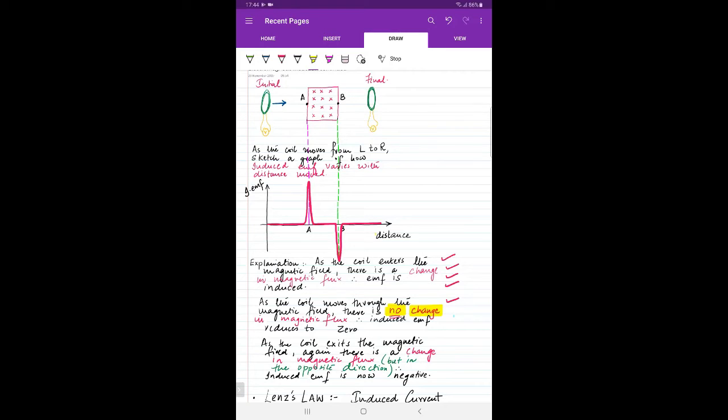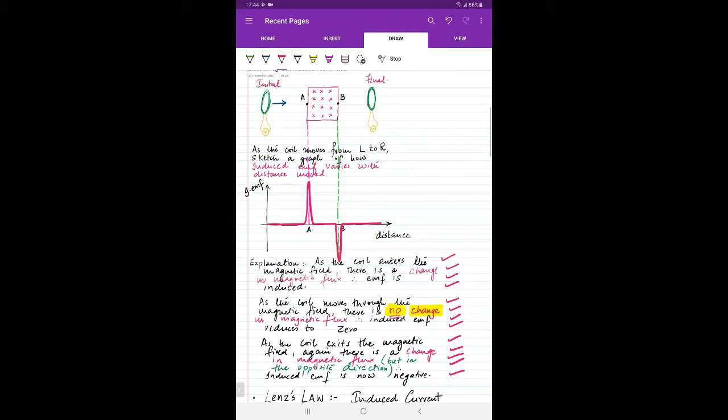Therefore, the induced EMF stays at zero. And then finally, third statement, as the coil exits the magnetic field, once again, there is a change in magnetic flux, but this time in the opposite direction. Therefore, the induced EMF is now negative.